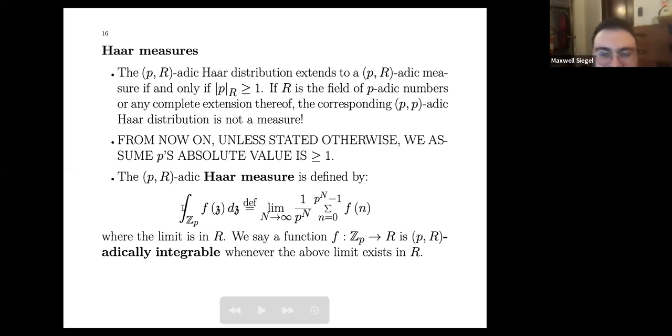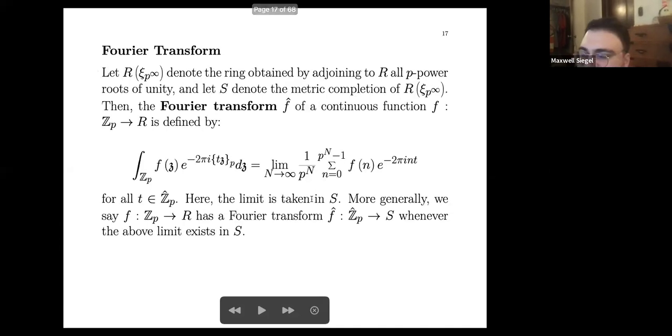So from now on, unless stated otherwise, we're going to assume p's absolute value is greater than or equal to 1. And though it is possible to give an axiomatic characterization of the Haar measure, for simplicity's sake, we'll define it here by the limit of the following p-adic Riemann sum. And I say that a function is p-R-adically integrable whenever this limit exists, and of course, where it converges in R. This then gives us how to do Fourier transforms.